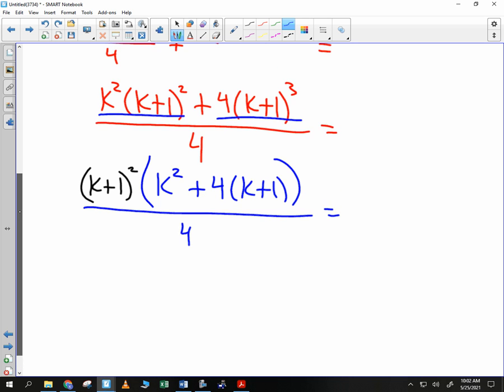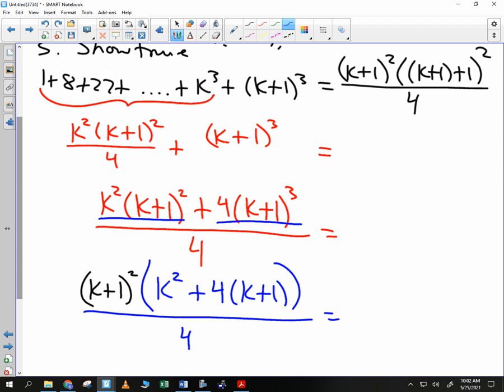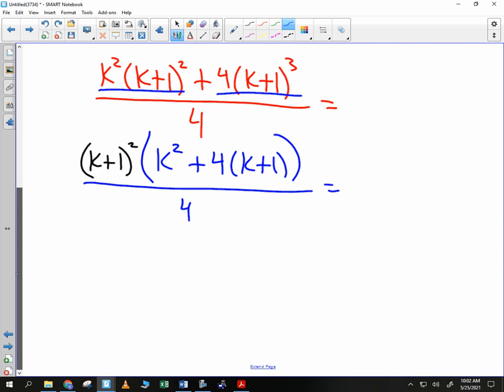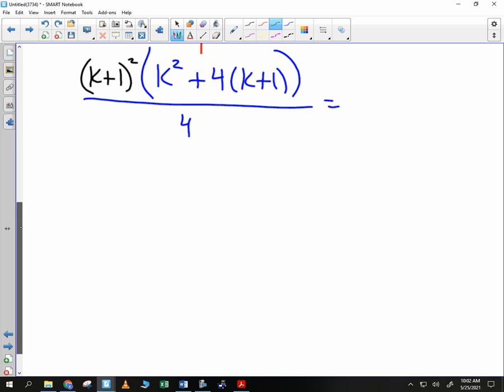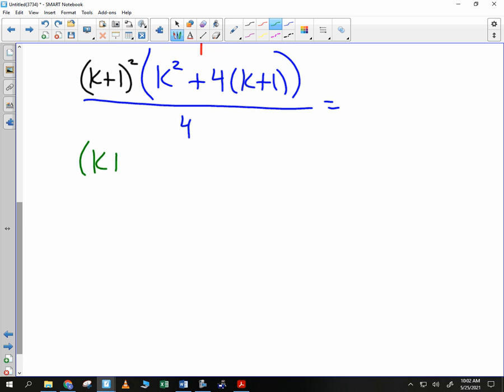Now, why is that so attractive? Because this k plus 1 squared is sitting right there. All I'm trying to do is make this blue part look like that part right there. Well, that's not that big of a deal. We can do that real easy. We're just going to do k plus 1 quantity squared times k squared plus 4k plus 4.